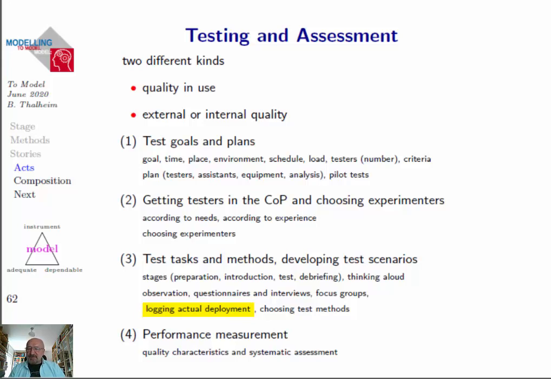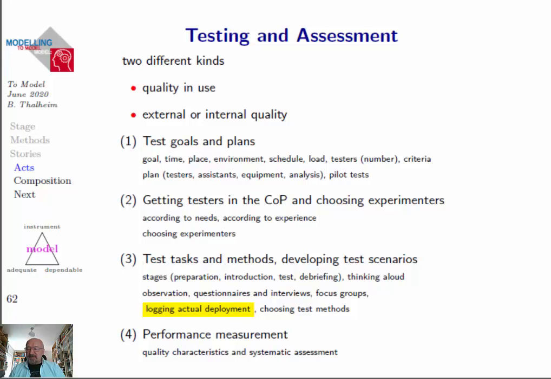Testing and assessment can be done systematically by specifying first a test goal and a test plan. Then getting the right testers, of course within our community of practice, and the right experimenters.